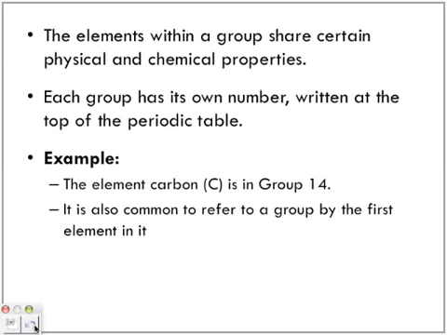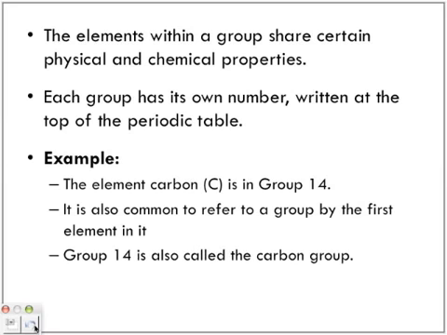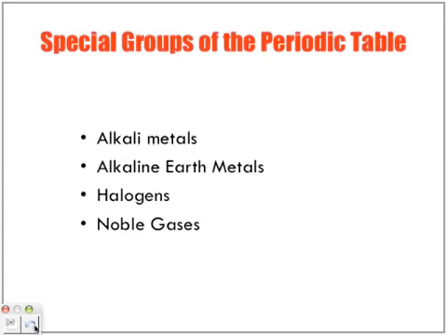We refer to it by the first element in that column. So group 14 can also be referred to as the carbon group. But the most important groups to be able to identify are those four: the alkali metals, the alkaline earth metals, the halogens, and the noble gases. Don't worry, I'm going to show you them individually, and what those names are. And here they are.